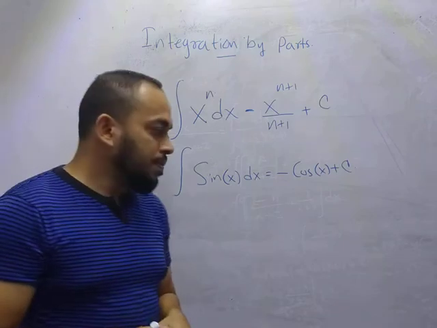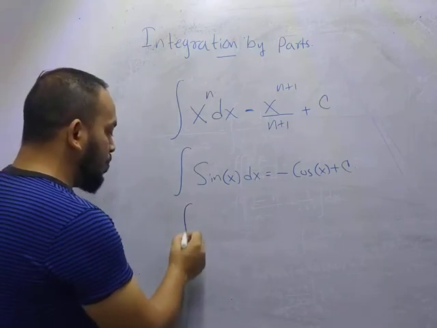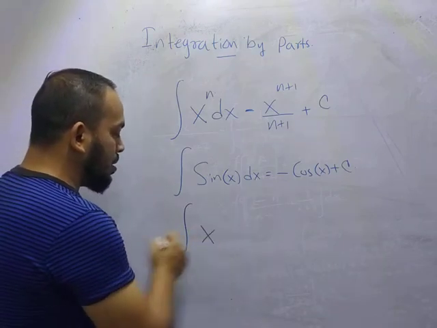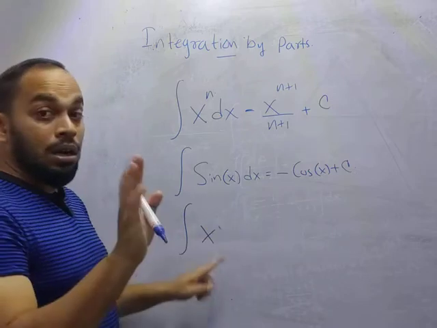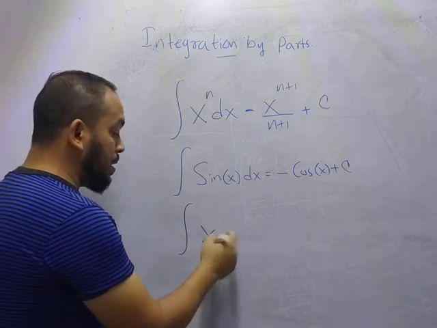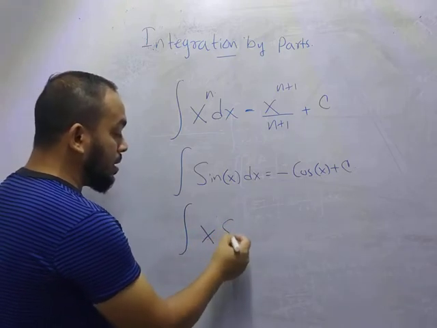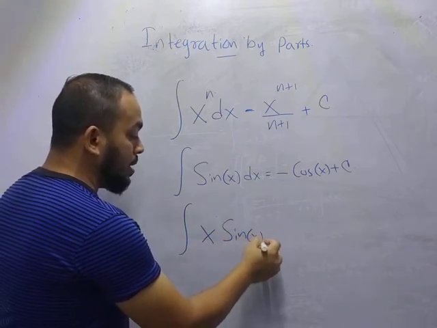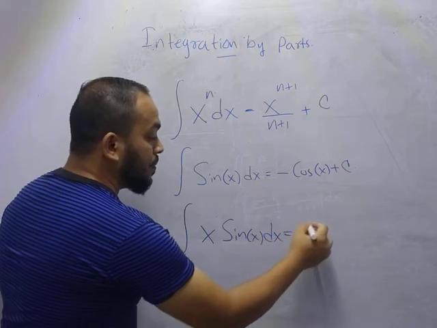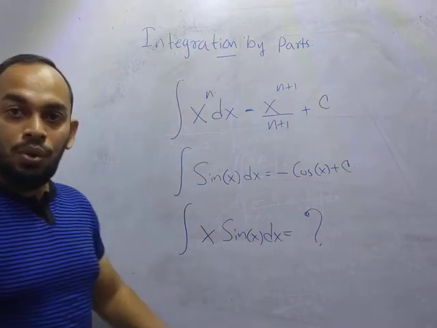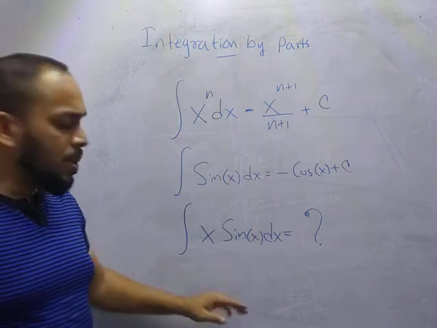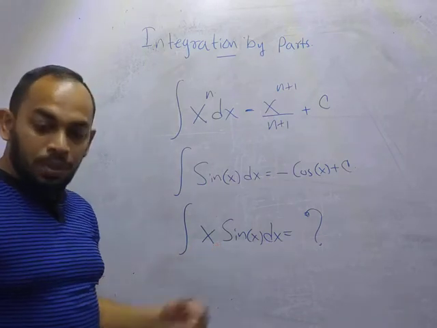Now what happens if we get a product like x to the power of n, or to be more specific, x times sine of x dx? What is this? This is different. You don't learn this under standard integrals because here you have a polynomial.